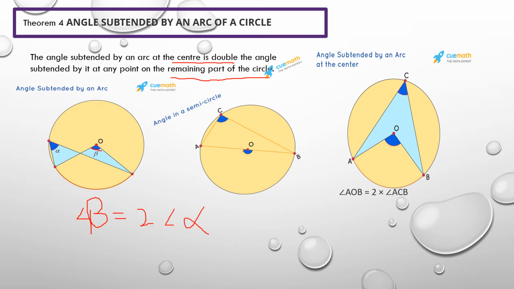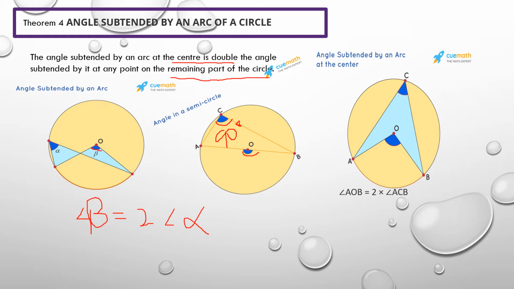Similarly here, suppose this angle is 180 degrees, so this must be 90 degrees. This is the special result which we can derive from here. It states that the angle in a semicircle is a right angle, that is 90 degrees.